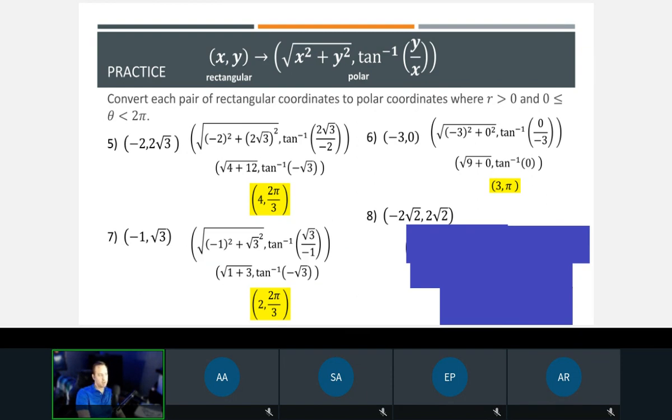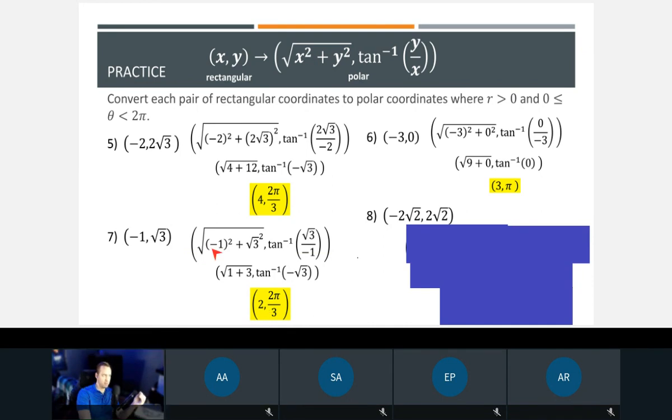So there's the setup. Because the original problem is in quadrant 2, the tangent value that you pull out should also be in quadrant 2. And taking the square root of all that stuff will always be positive. That's what I'm saying: when you convert from polar to rectangular, your R value will always be positive.